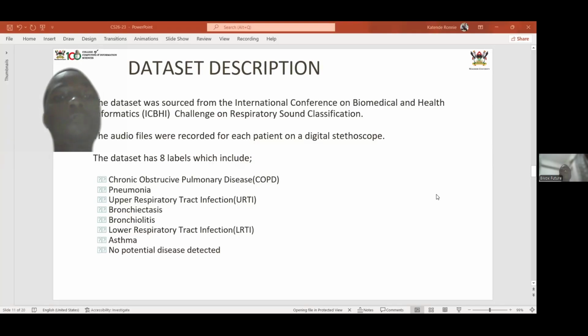It was able to take recordings at a sample rate of 4 kilohertz and 16-bit resolution to ensure that both low and high frequencies were captured. This dataset specifically has 8 labels: chronic obstructive pulmonary disease, pneumonia, and then the what?